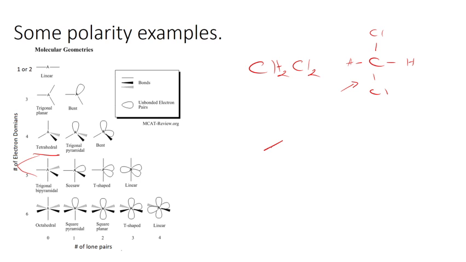However, if we draw our element in its shape and we put Cl's and our H's, you can see now that it is not symmetrical and that it will be polar because we have chlorines here that are more electronegative. And we can draw in the direction of the polarity. In fact, that is how you draw polarity. We would draw our arrow with the little plus here, going towards the negative. And this is polar because it is not symmetrical.